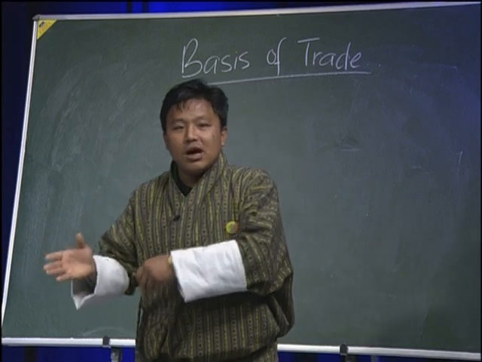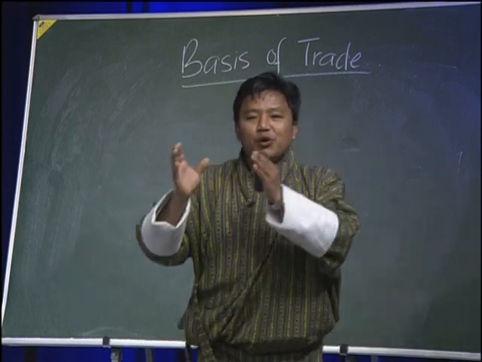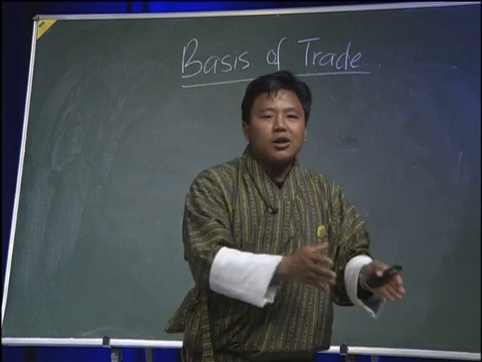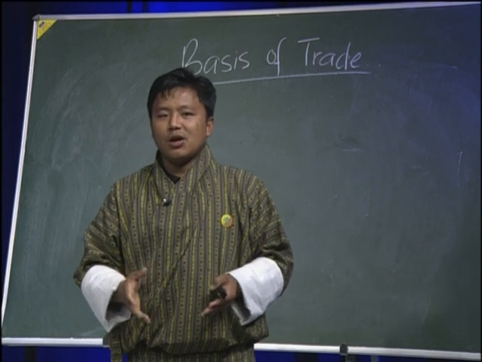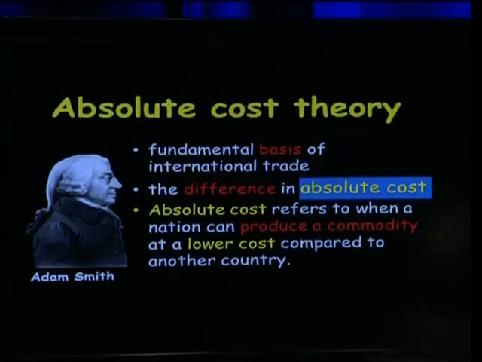Absolute cost refers to when a nation can produce a commodity at a lower cost compared to another country. So in this definition, one country has an advantage in producing a commodity at lower cost.